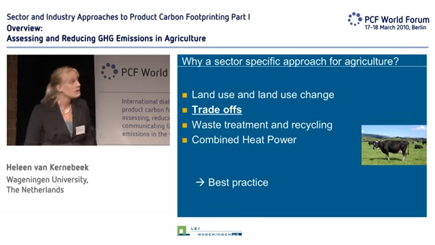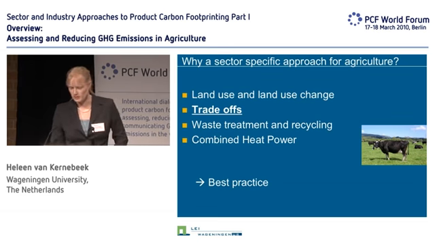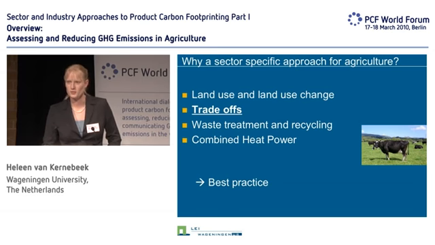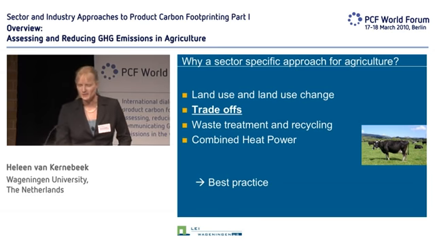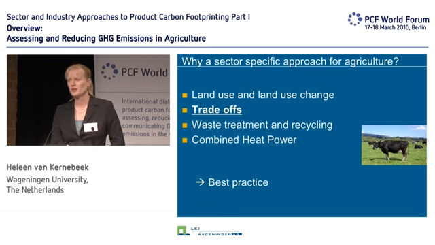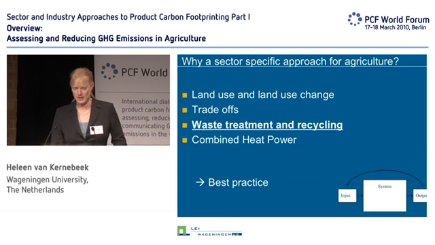There is a cow on the picture, which is quite what you can expect from a Dutch researcher. But trade-offs are very important, especially in the case of ruminants. You can reduce your greenhouse gas emissions for feed production, for example, but when at the same time methane emissions are increased because of a change in diet or feed composition, your net result may even be negative.